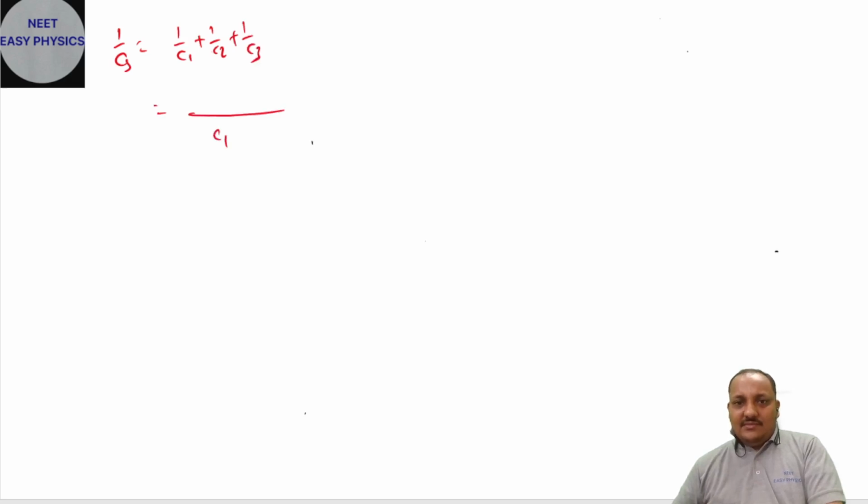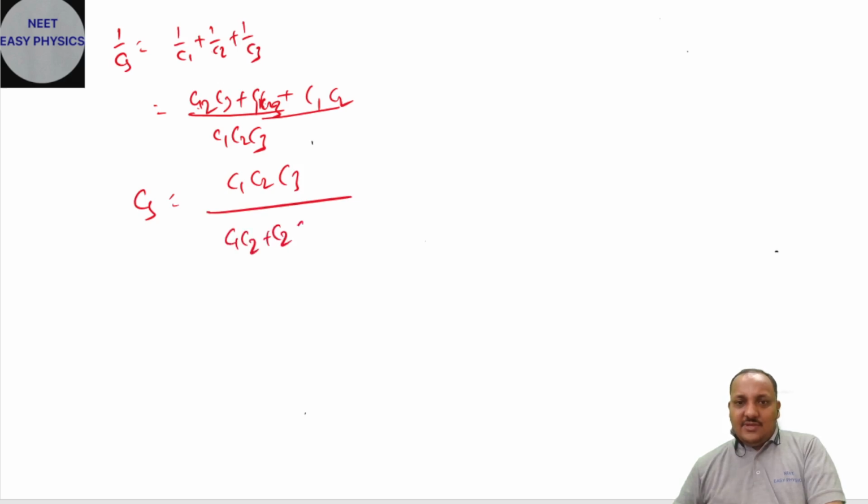What is the LCM? C1C2C3. So the numerator is C2C3 plus C1C3 plus C1C2. Then CS is C1C2C3 by C1C2 plus C2C3 plus C3C1. This is the effective capacitance.